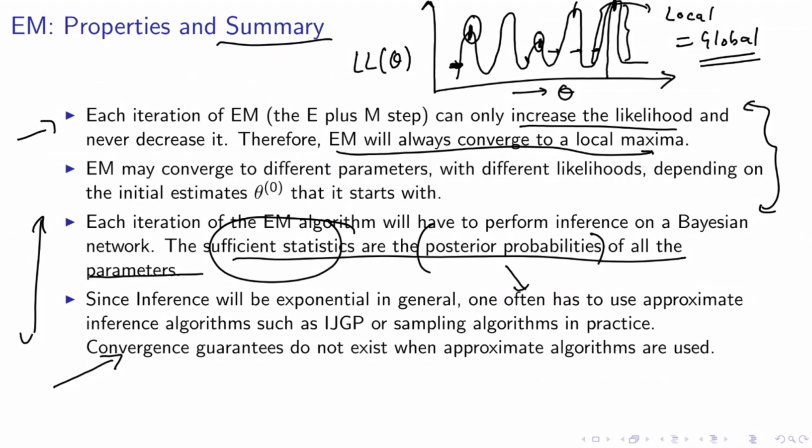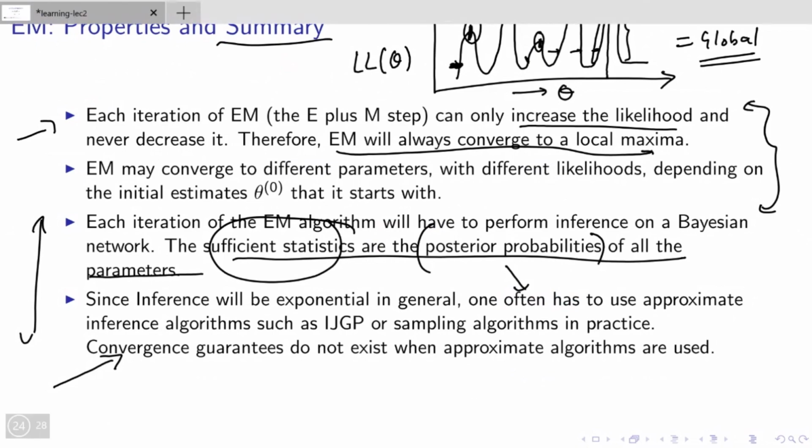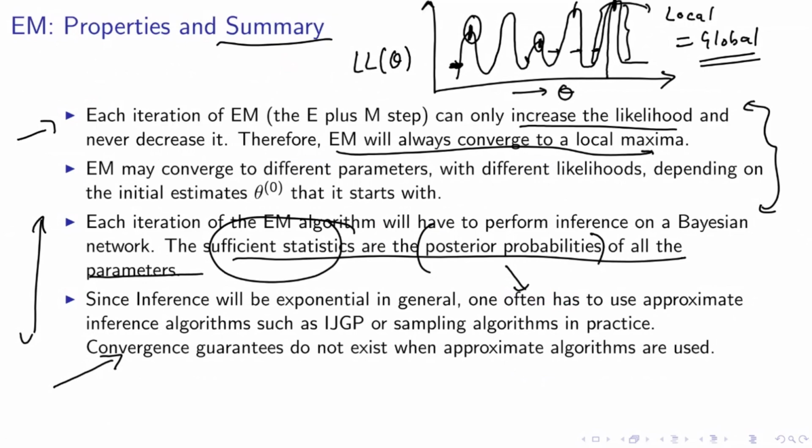On Tuesday, I'll try to answer questions about this algorithm. We will also have a homework, which will be assigned in the next few days, on implementing the EM algorithm. But I'll not have you implement the junction tree algorithm.